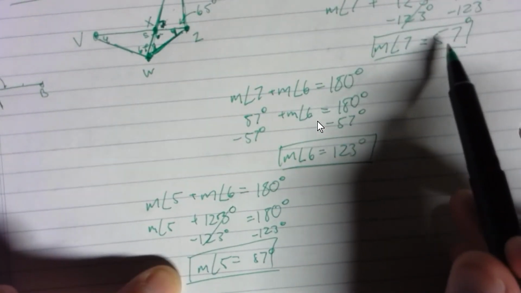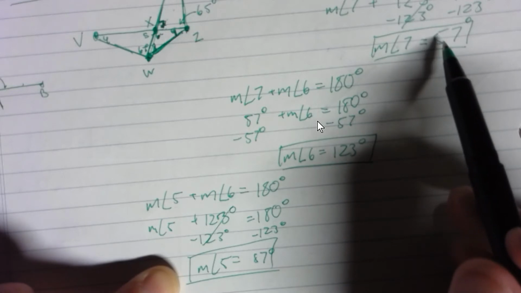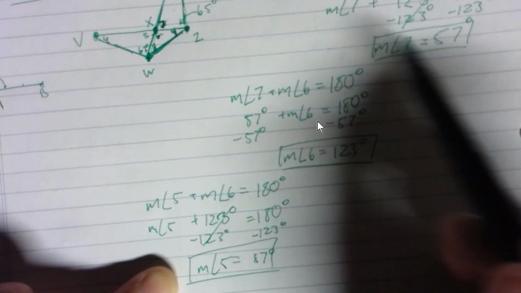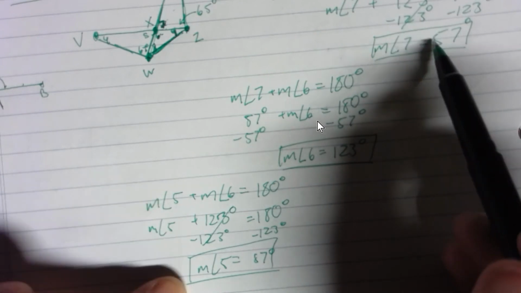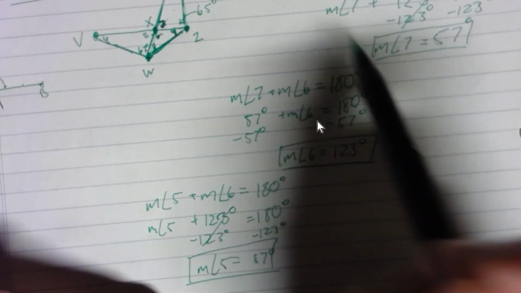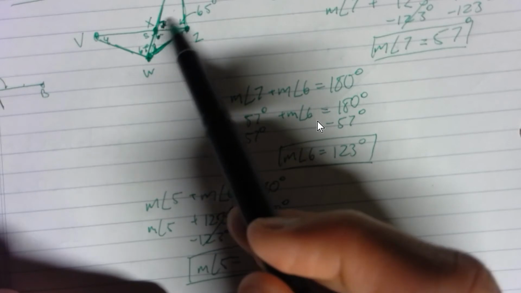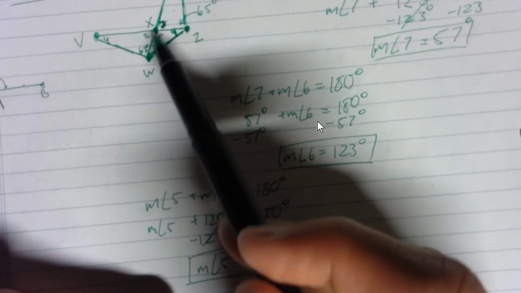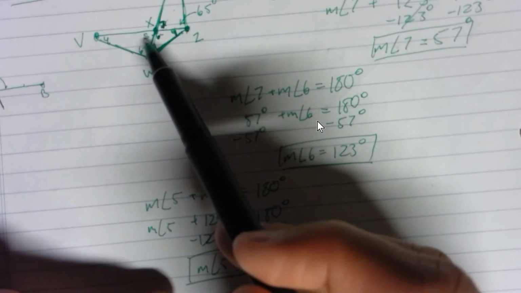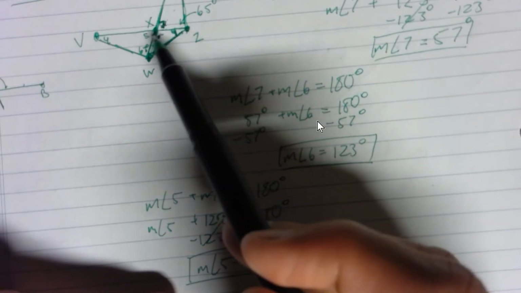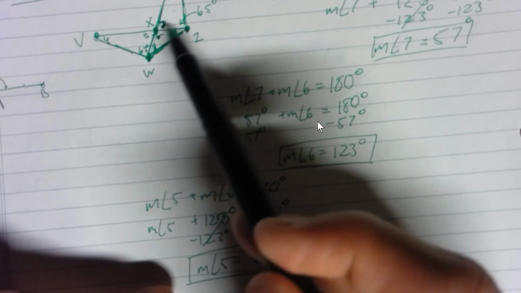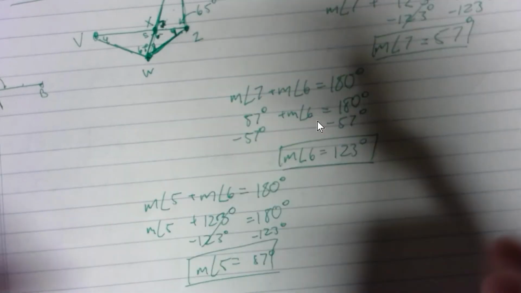That's not a coincidence, because they share straight lines with angle 6, they end up the same. If you were really inquisitive, you could have seen that the measure of angle 5 is completely vertical to the measure of angle 7. So you could have said, because they're vertical angles, they're equal to each other as well. There's so many ways you could have solved for this problem, okay?